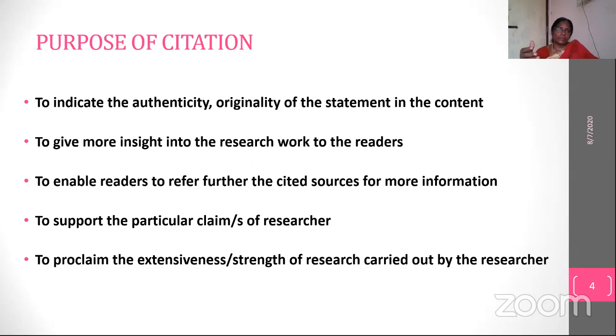So these are the purposes. In short, the references and citations are helpful to say that this is an extensive, 100% full-fledged work. For that purpose we cite references either at the end of the page or at the end of the paper.